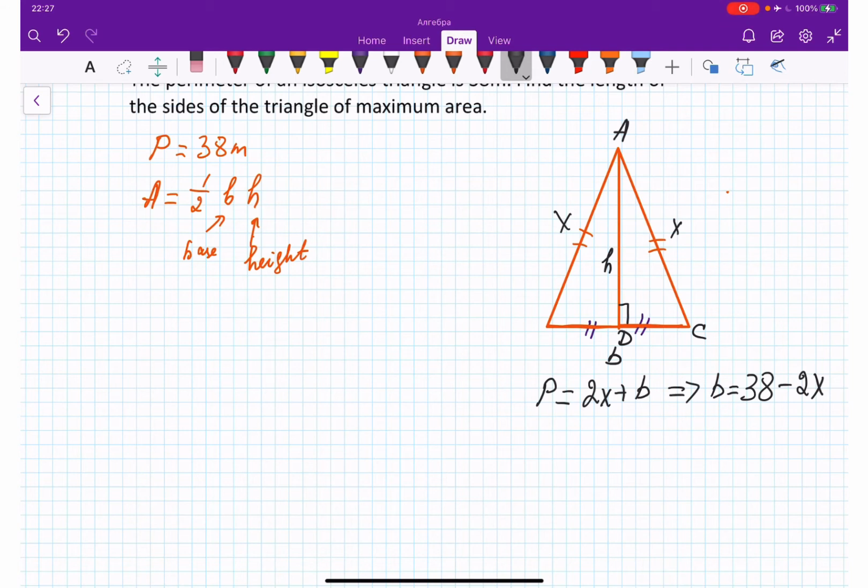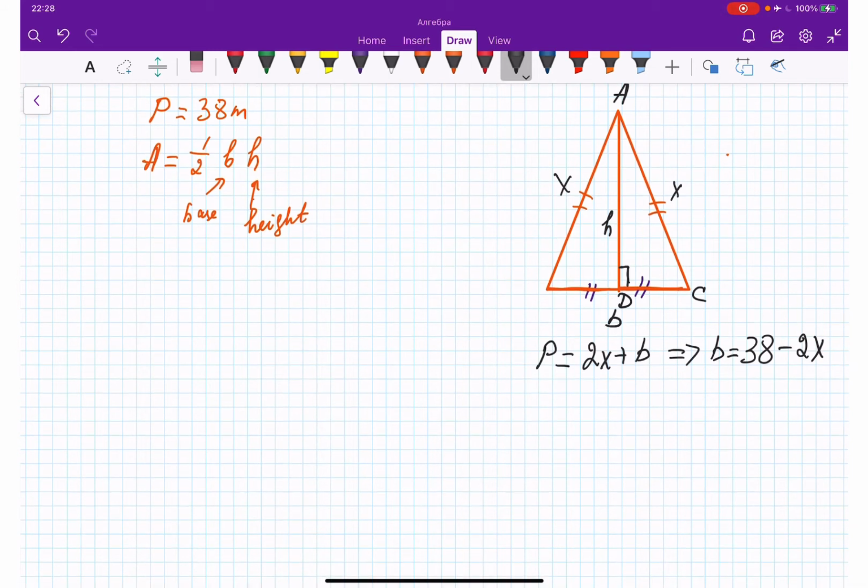All right, now let's figure out our height, which is h. So h we are going to calculate from the triangle with the right angle that was created by this height. So in the triangle with the right angle, we can use the Pythagorean theorem. The Pythagorean theorem says that the square of the hypotenuse is equal to the sum of squares of the legs.